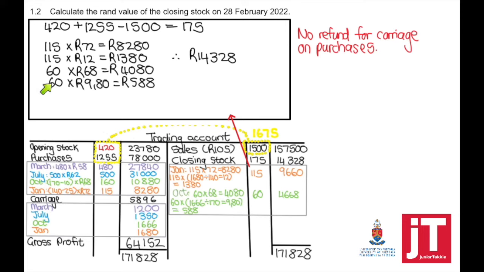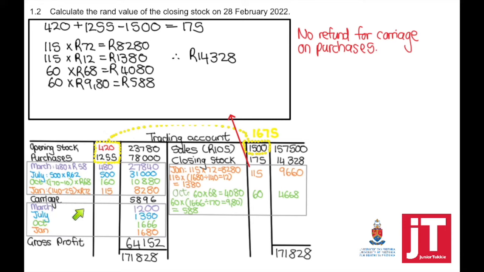The same with the 60. If you added the purchase plus the carriage and you say times 60, you would get exactly the same answer. Remember, there's no refund for carriage on purchases.